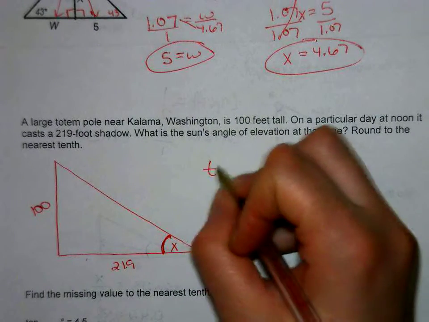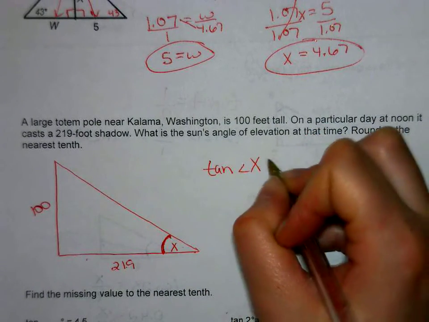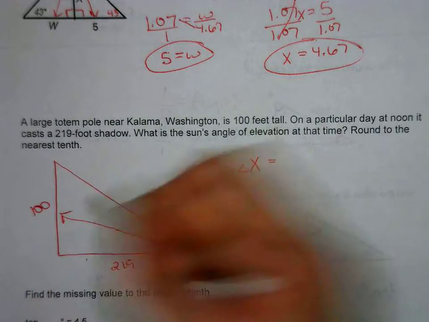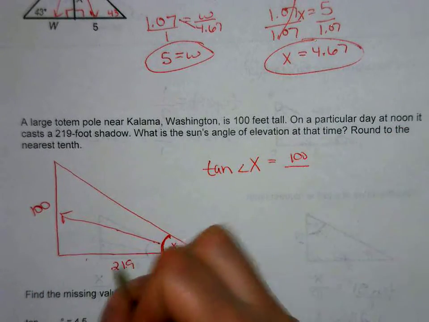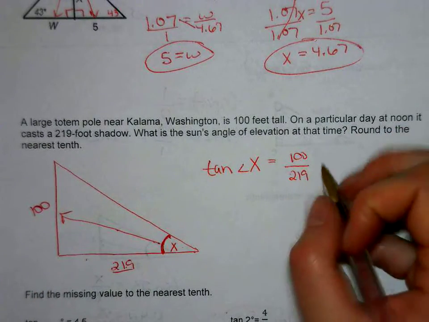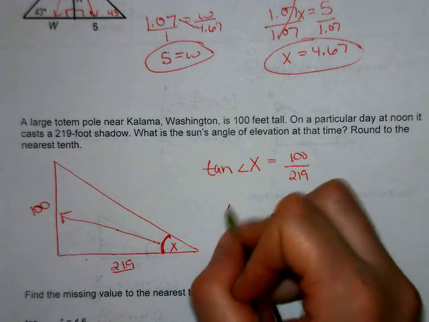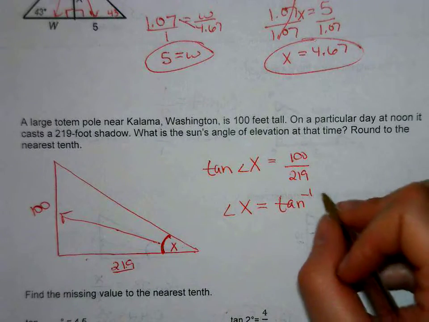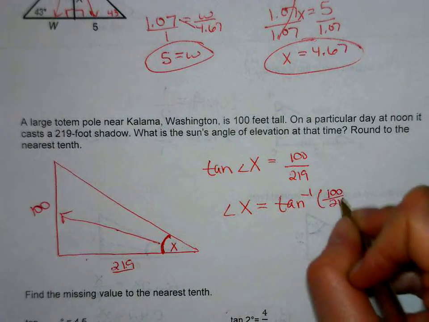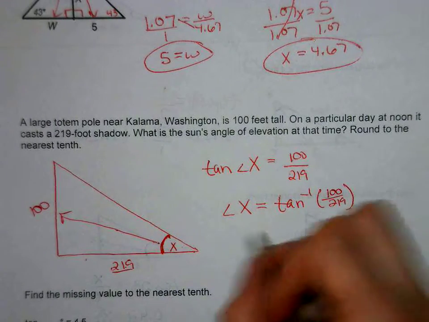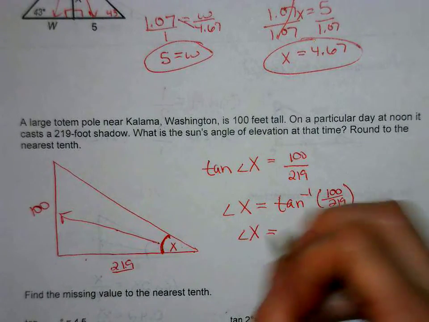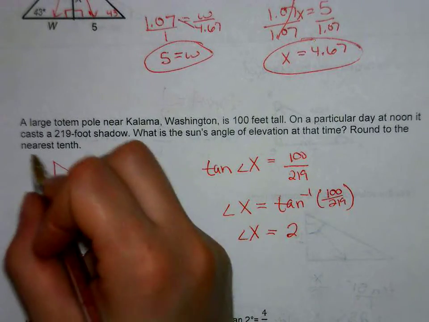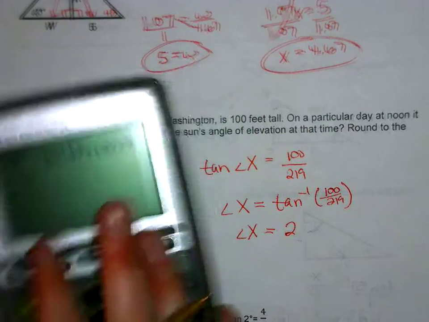So if we look, we have the tangent of angle x is the side opposite over our adjacent side. So angle x is going to equal the inverse tangent of 100 divided by 219. And type that in our calculator, we get x equals, we want to round it to the nearest tenth.